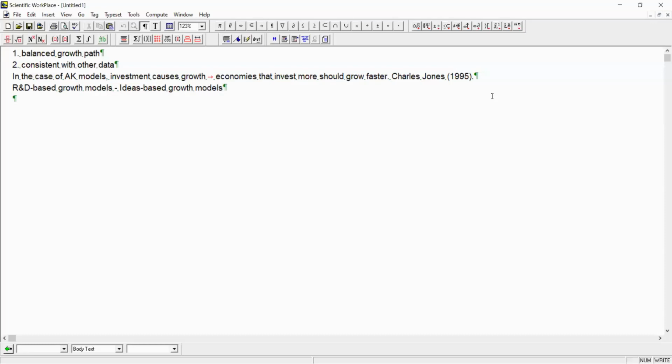Now, this literature came out of the work of Paul Romer, who in a wide-ranging paper in 1990 introduced many of the ideas that were going to lead to this new class of models. And some of the things that motivated him are not essential for that literature, and some are. I'm just going to present some of his ideas, and then later we'll figure out what is or isn't essential.